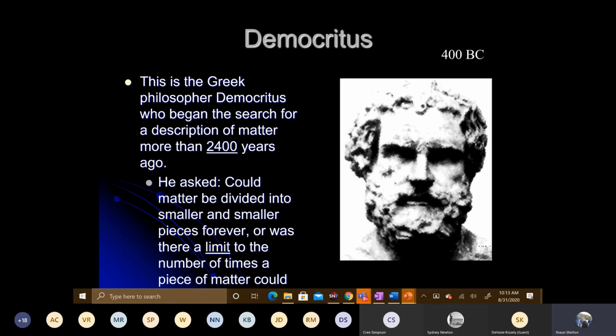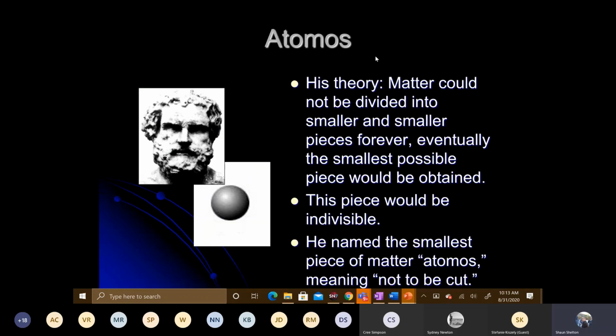So he asked, could matter be divided into smaller and smaller pieces forever, or was there a limit to the number of pieces matter could be divided into? To answer this question, his theory says that matter could not be divided into smaller and smaller pieces forever. Eventually, the smallest possible piece would be obtained.